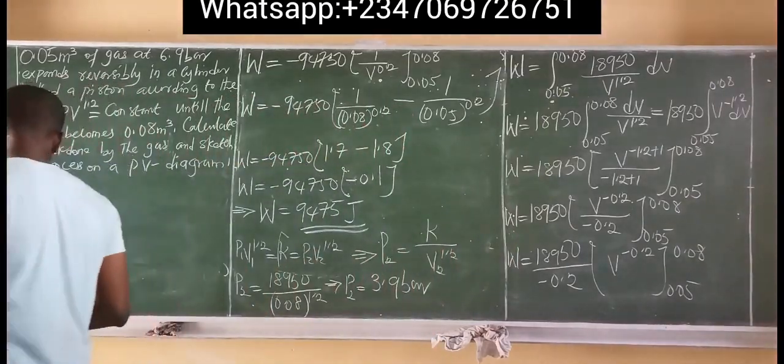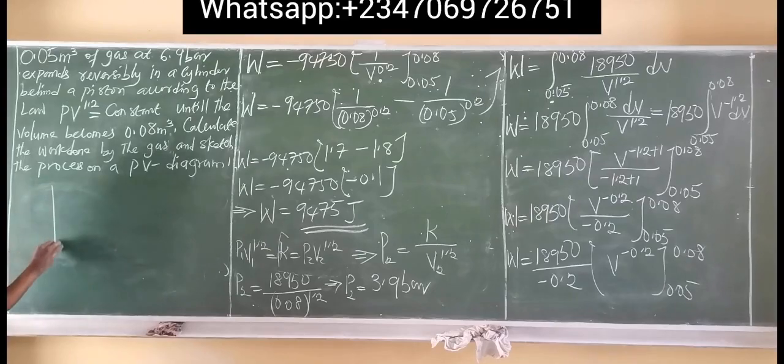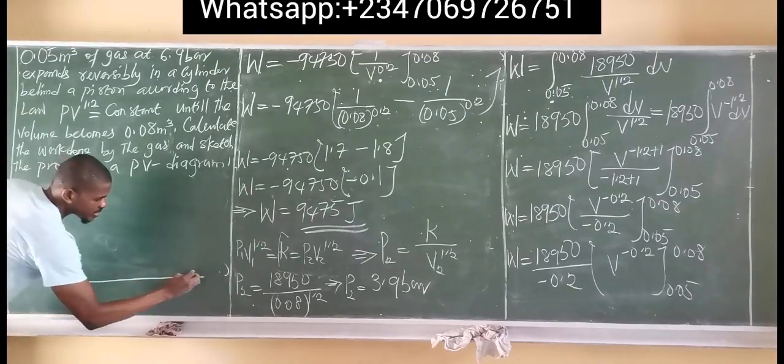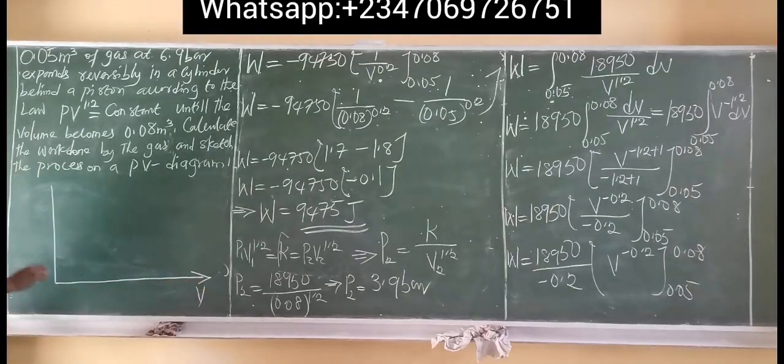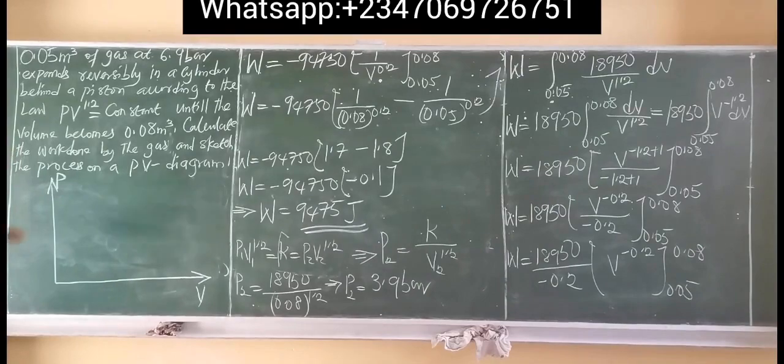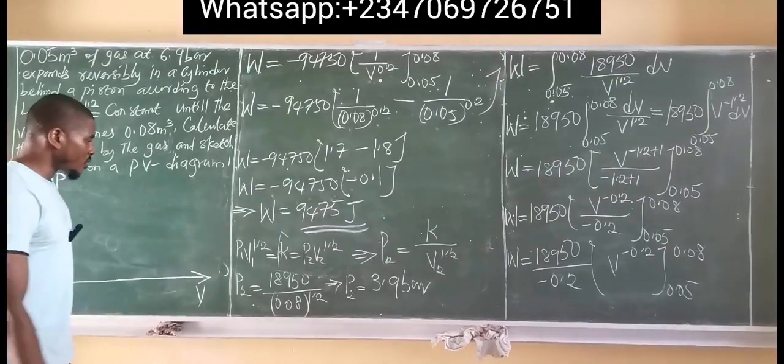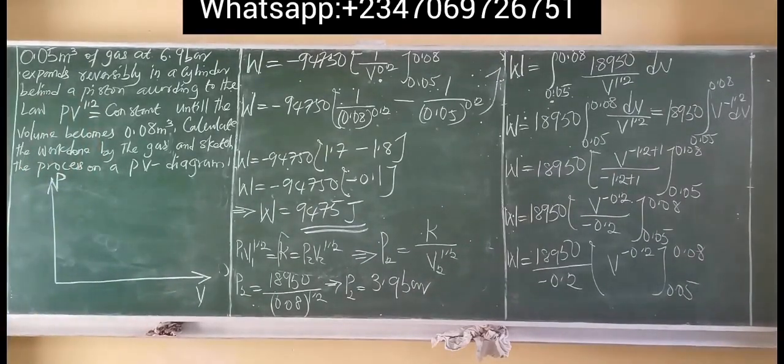So you can have this to be your PV diagram. This is our volume always on the horizontal axis, and we'll have the pressure P always on the vertical axis. So this is a diagram to show the relationship between pressure and volume.